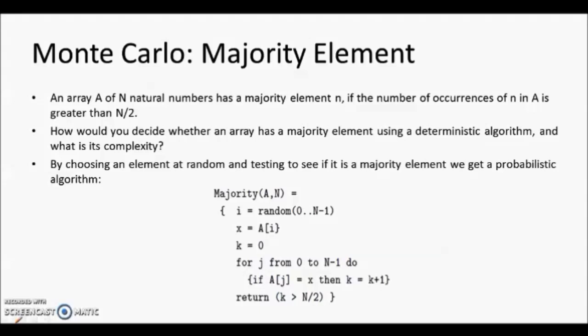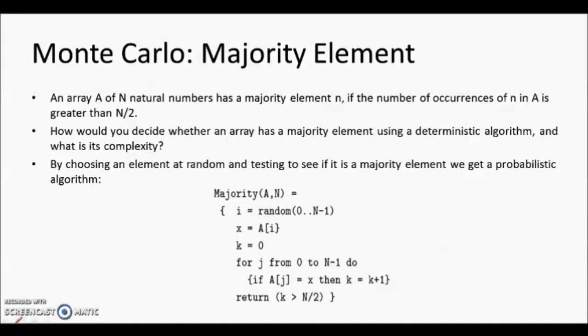However, if there is a majority element, then the probability of returning false is less than 1 divided by 2. Since a majority element occupies more than half the array, we call such an algorithm true-biased and half correct. Because of the random element, repeatedly running this algorithm will increase our confidence in the result.